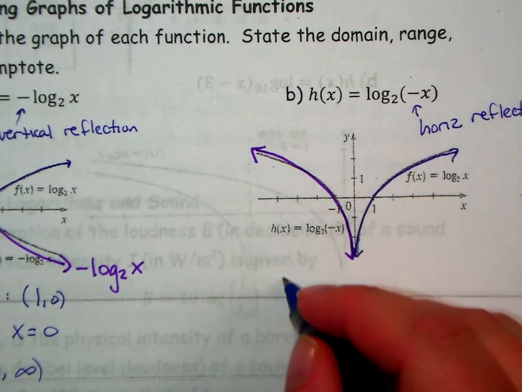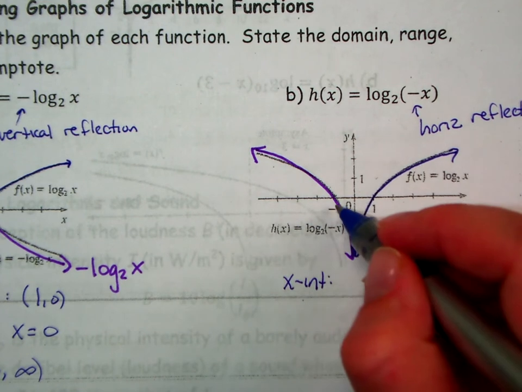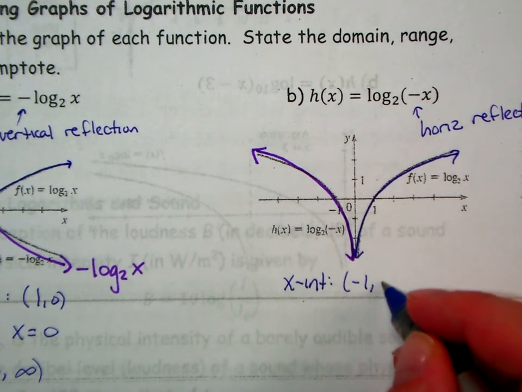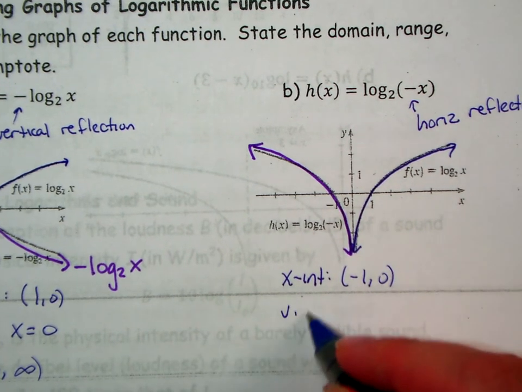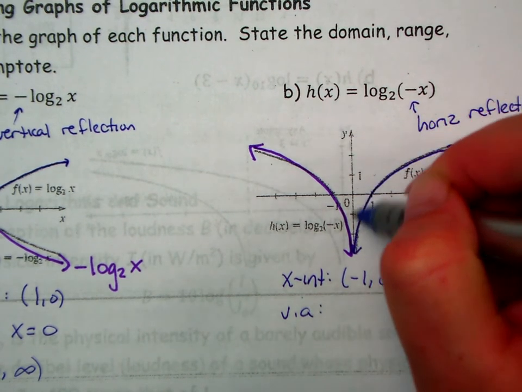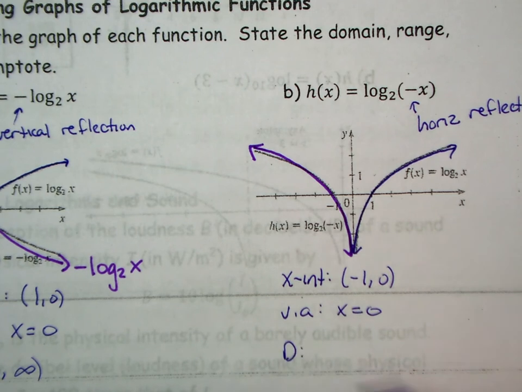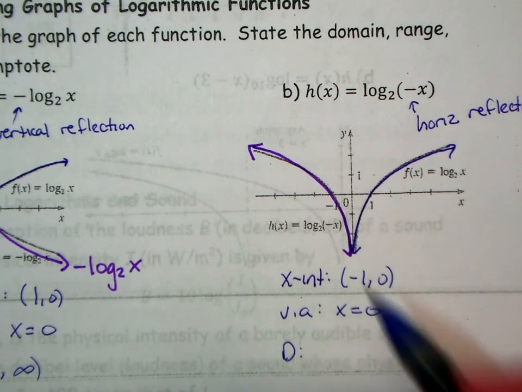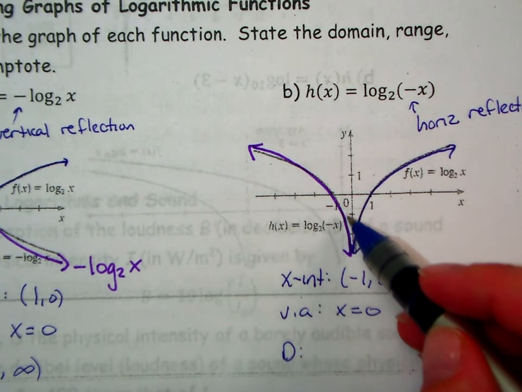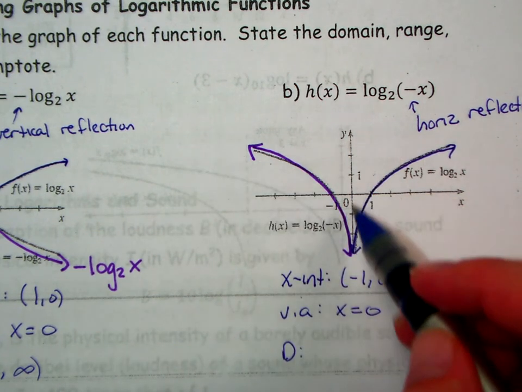What's the x-intercept now? If we reflect it horizontally, this is crossing the x-axis at -1, 0. What about the vertical asymptote? Okay, the vertical asymptote didn't move, right? It's still at x equals 0. Now the domain here changed as well, because it's going to -infinity, but it's going to go to 0 and not past 0, right?